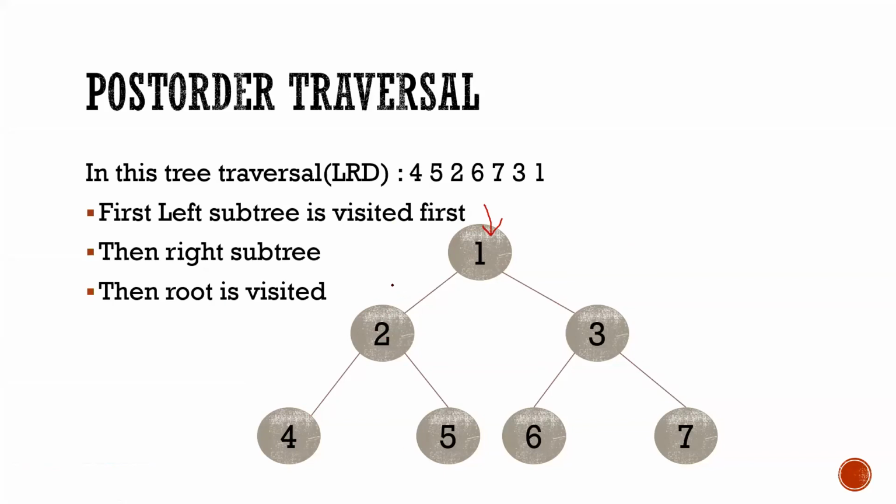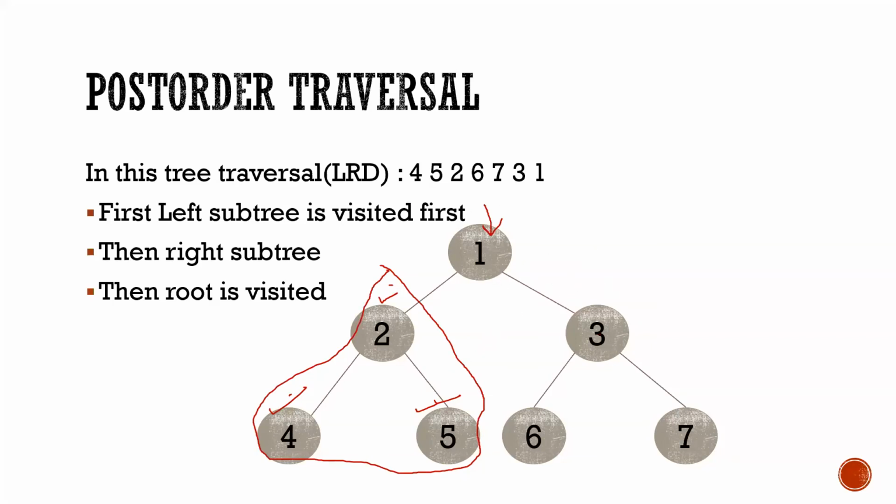Okay, this part. And for the node 2, the left node is 4 and the right node is 5. So first we print 4, then the right, that is 5, and then the root node. So the left subtree is completed, and then after that we print the right subtree.